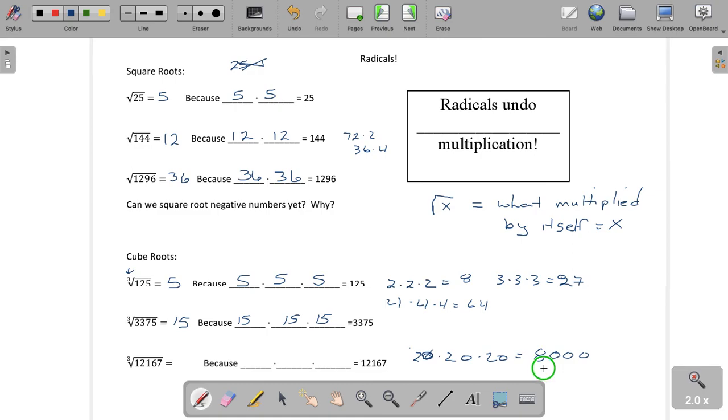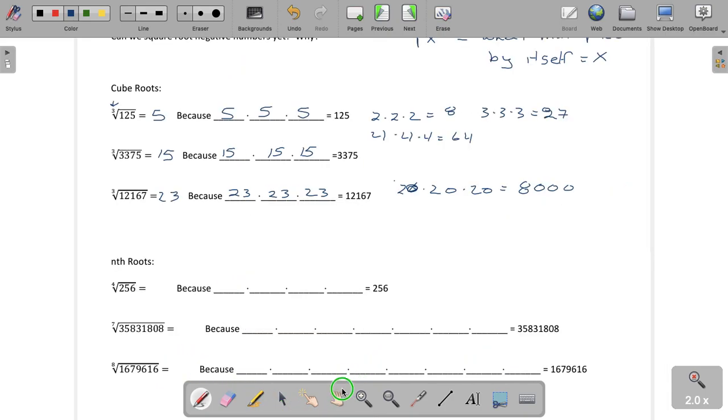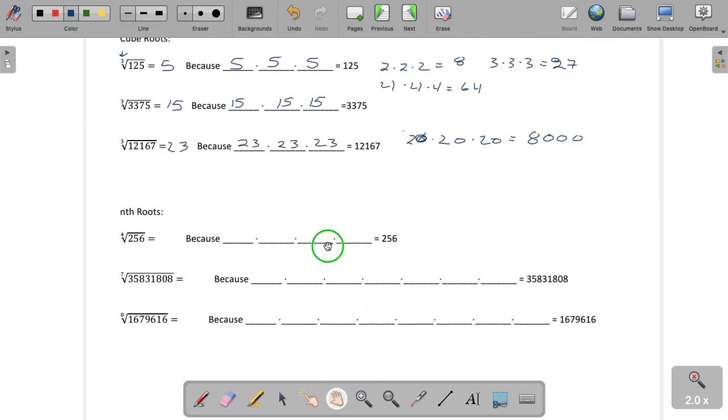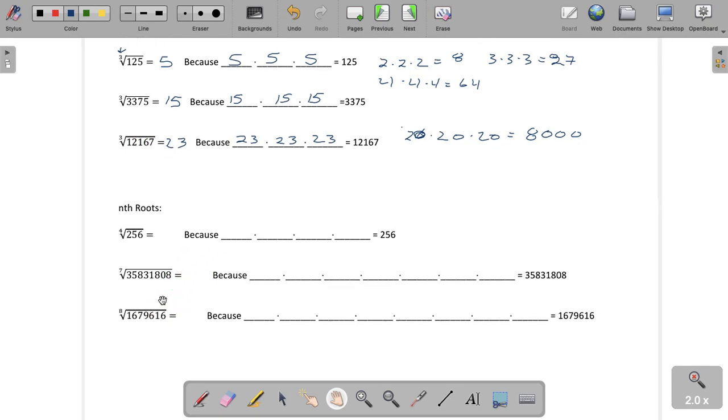So 20 times 20 times 20 is getting close. Turns out it's 23 times 23 times 23. So the cube root of 12,167 is 23. That's what that symbol means. Okay, what do I multiply by itself 3 times to get to that?